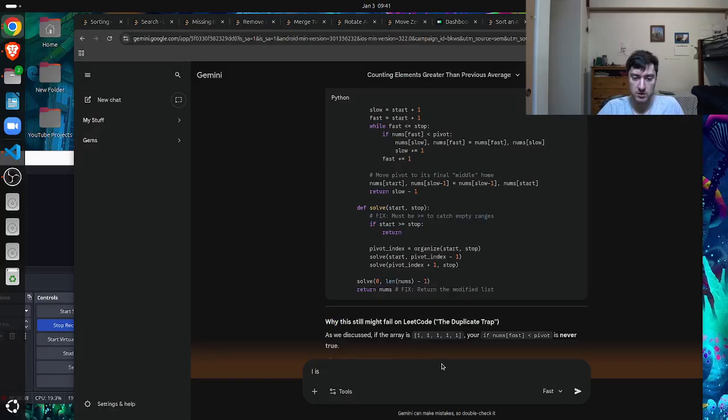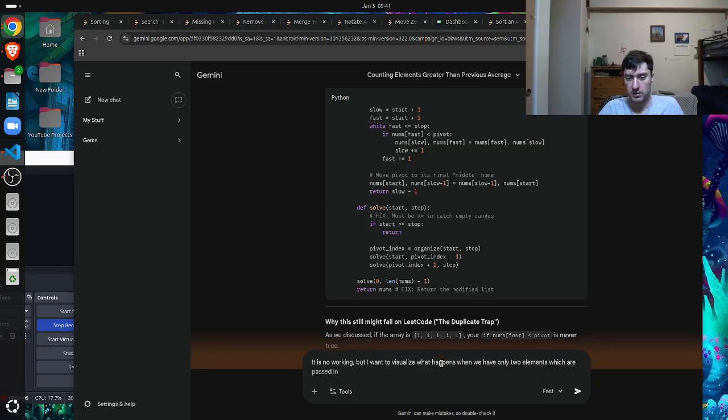It is now working, but I want to visualize what happens when we have only two elements which are passed in to the organize.